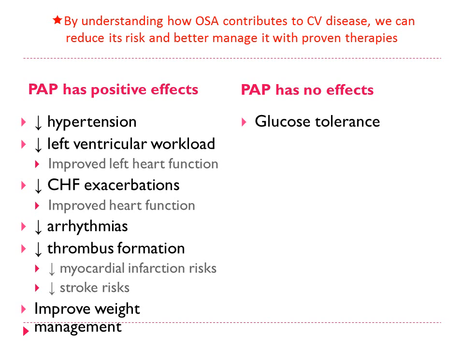It decreases the left ventricular workload, which improves left heart function. It decreases congestive heart failure exacerbations, which improves overall heart function. It decreases arrhythmias. It decreases thrombus formation, which decreases the myocardial infarction risks and the stroke risks. It improves weight management. However, PAP has no effect on glucose tolerance.